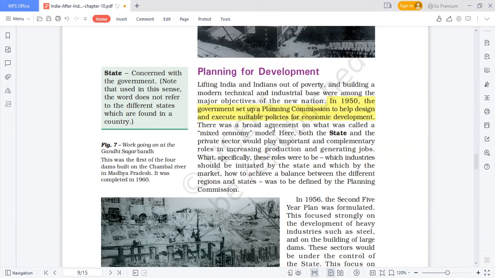Presently, the Planning Commission is known as Niti Aayog.